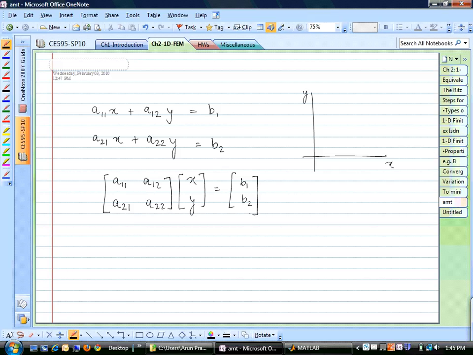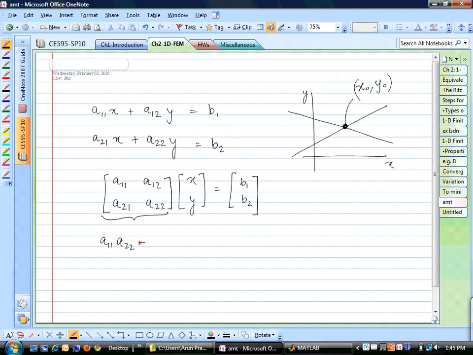And we know that these two equations would be straight lines, something like this. The solution that we are seeking is their intersection, so let's say this is the solution x0, y0. When I say that this matrix is singular, then the determinant of that matrix would be 0, which says a11 times a22 minus a12 times a21 is 0.